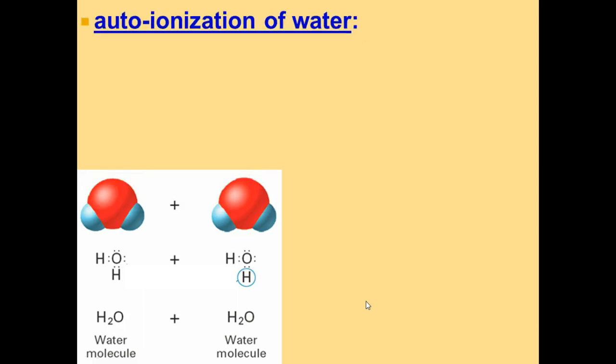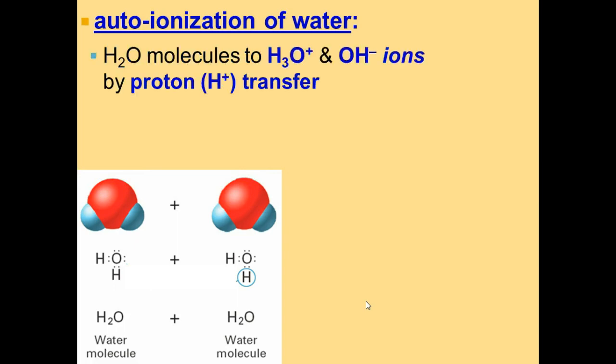Before we talk about pH, we're going to talk about the auto-ionization of water. Water molecules form H3O plus and OH minus ions all the time by proton transfer.